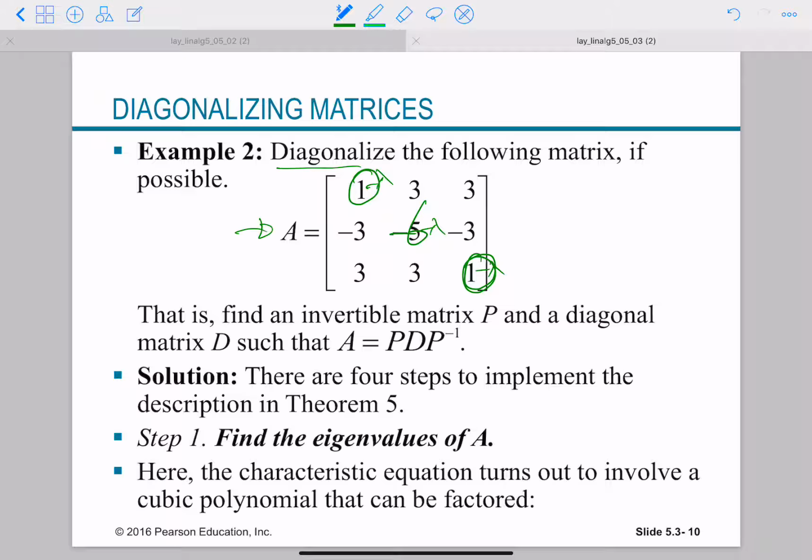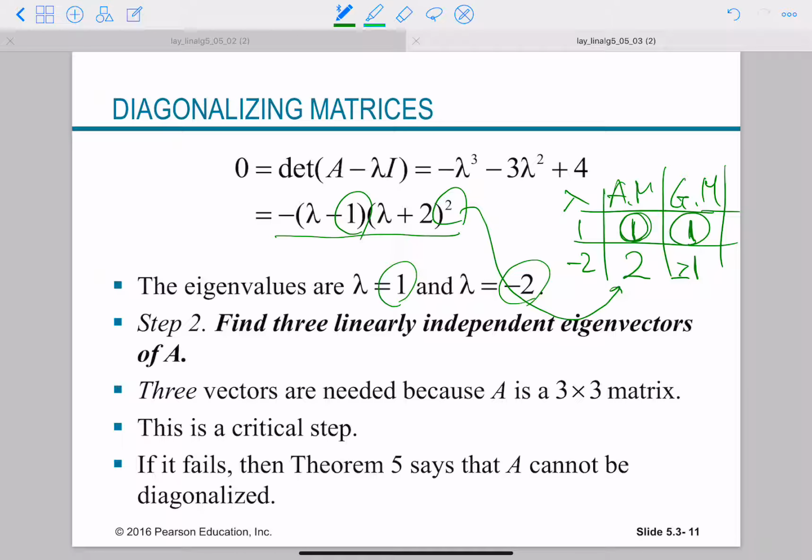So if we do the Gaussian elimination, it will only have one free variable, and thus the dimension of this null space of A minus lambda I is 1, and so we will find one eigenvector.